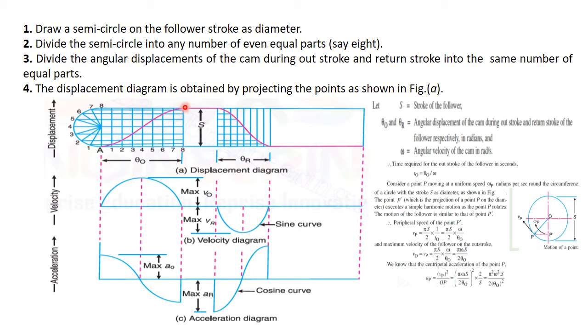After that, during the dwell time, the follower is in the resting position. Again we can see that 8 cuts at that point, 7 cuts at that point, 6 cuts at that point, 5 cuts at that point.